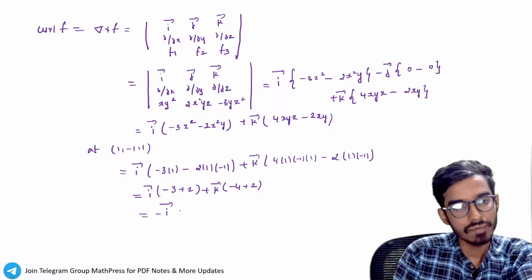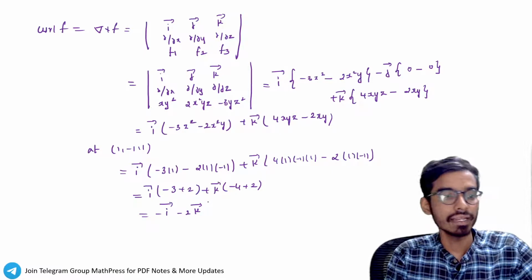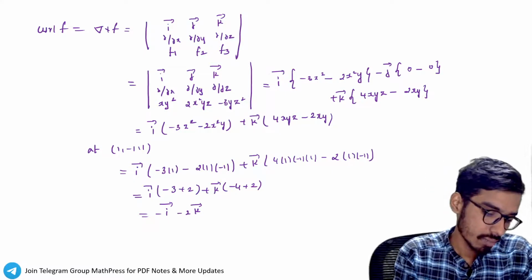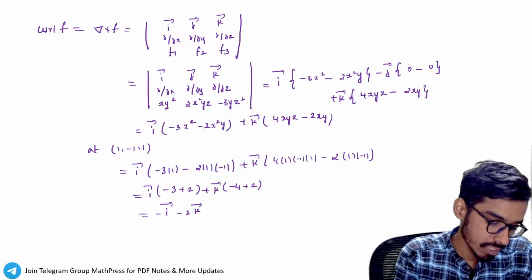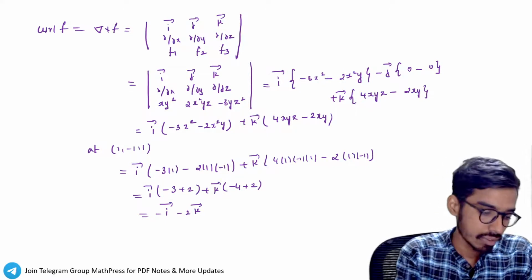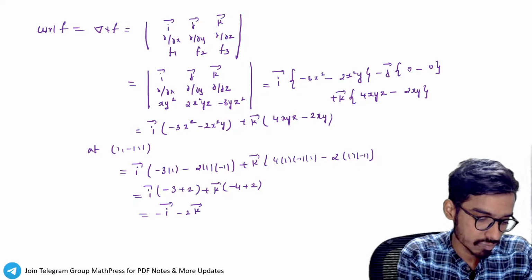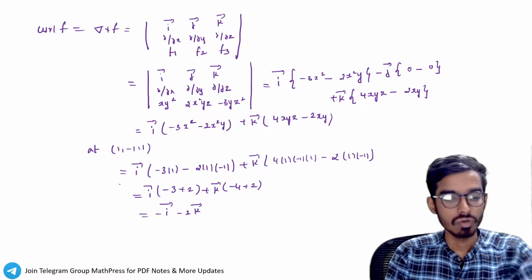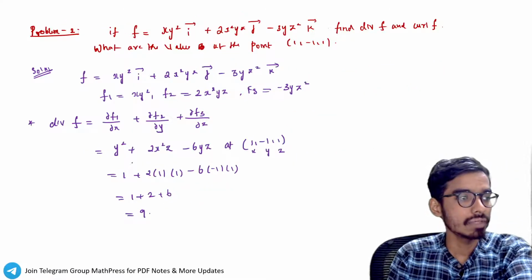So minus i vector minus 2k vector is the value at that point, right? Minus i vector minus 2k vector. So we move on to the third problem. I think our problems are very easy, right?